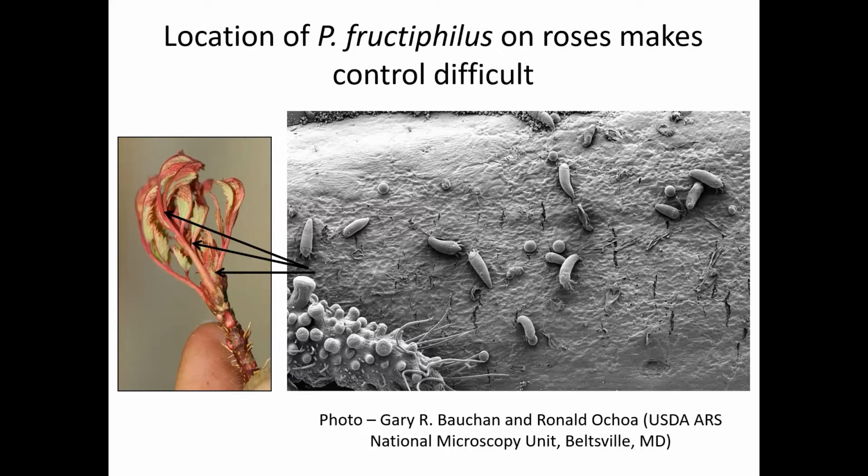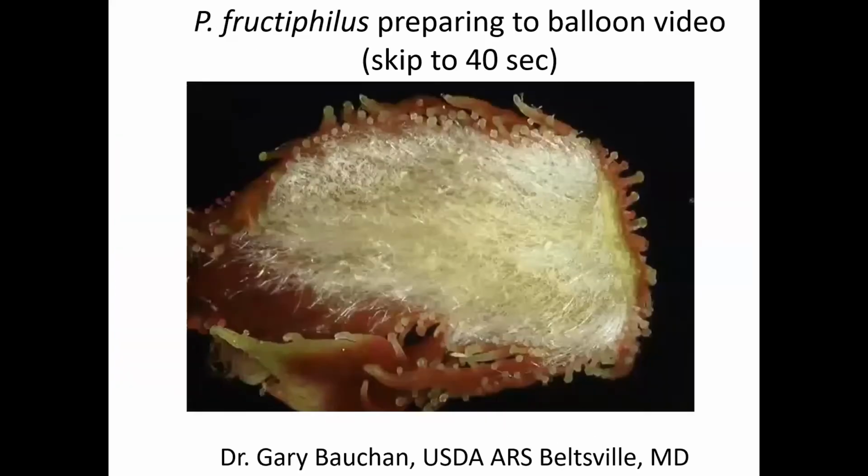The picture on the right is a colony of eriophyid mites. The mites are conical shaped, and those round spheres that you see are eggs. If you peel it back and look down in there with a scanning electron microscope, this is what you're going to see.